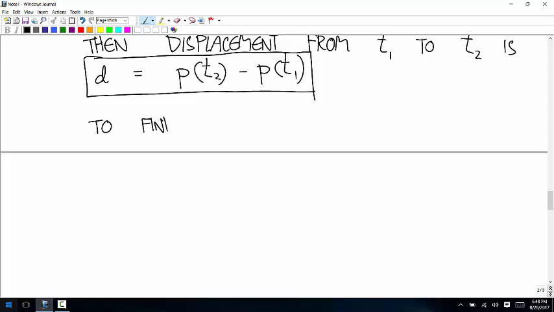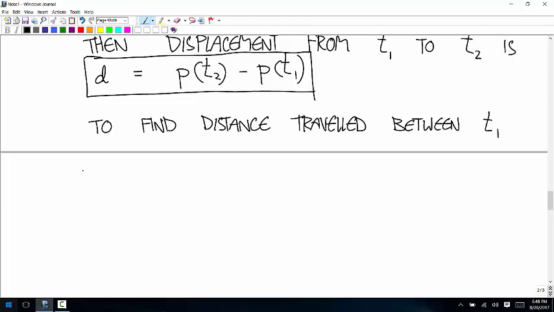To find the distance traveled between time 1 and time 2, first you have to break up that interval into what I'm going to call legs of the journey, where for each one of these legs the object is only moving in one direction, either positive or negative.